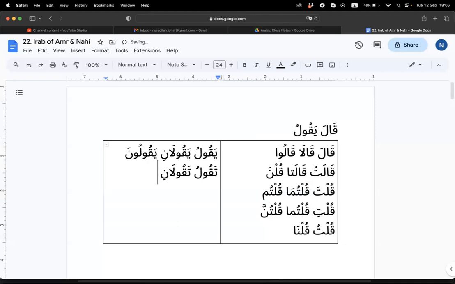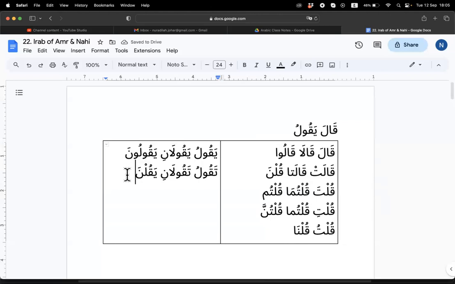Usually from yansuru, yansurna, right? Put sukun, put na, right? Again we have two sukuns. So which one can we drop, the waw or the lam? Two sukun. We cannot drop the lam, so the waw. So we get yaqulna.